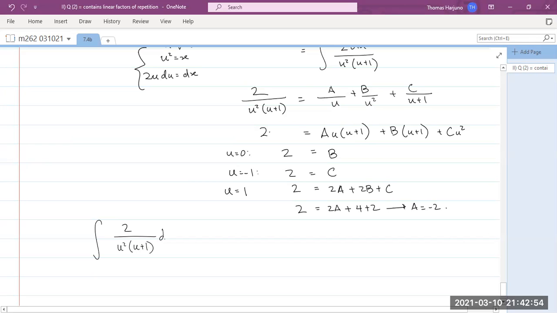So this is the integral of -2 over u plus 2 over u squared plus 2 over u plus 1 du. So this is -2 natural log of absolute value of u minus 2 over u plus 2 natural log of absolute value of u plus 1 plus constant.